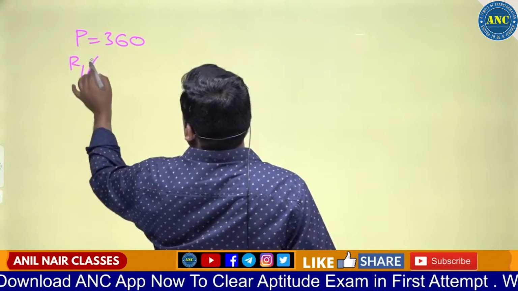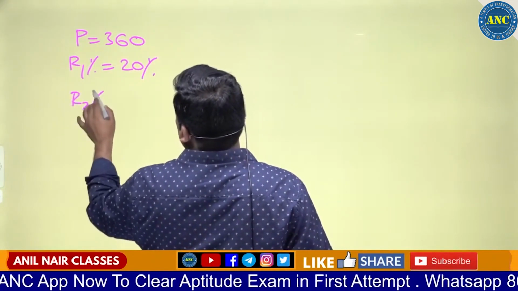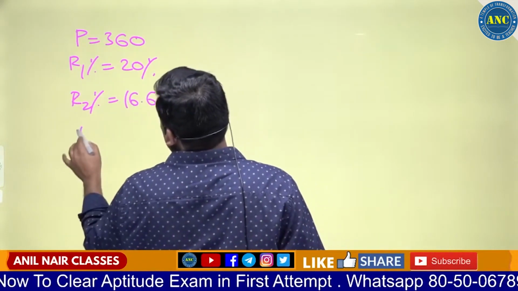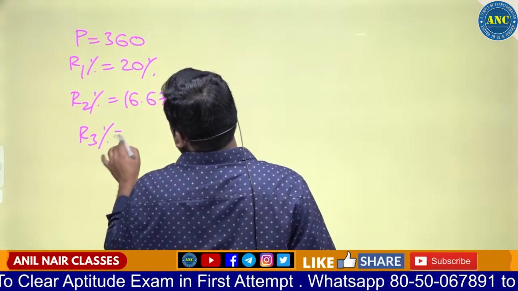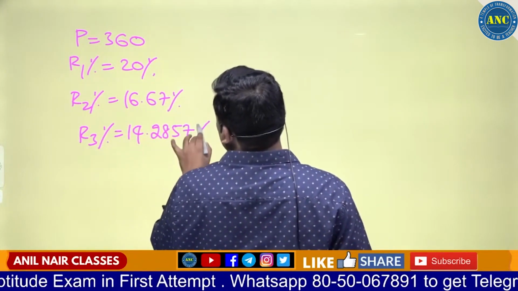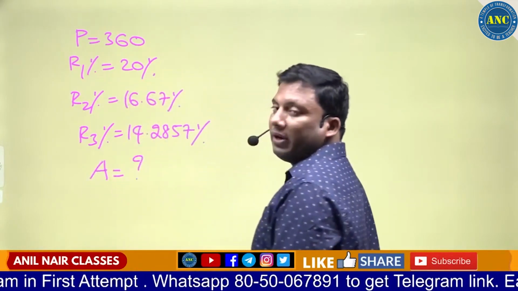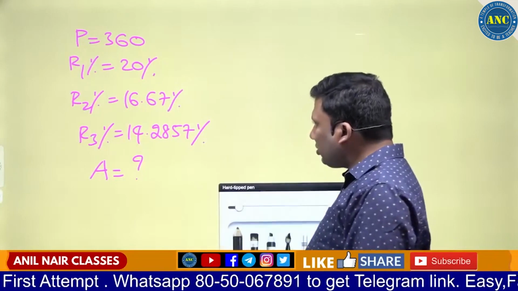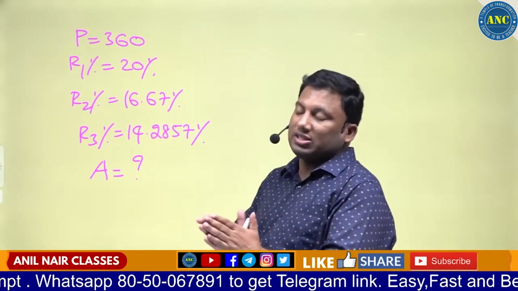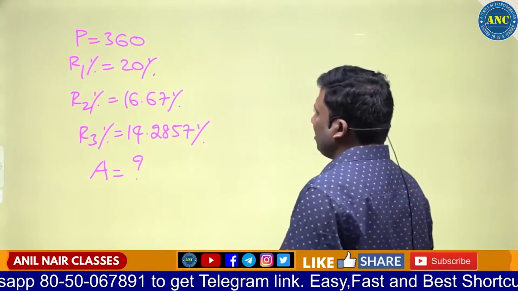R1 equivalent to 20%, R2 equivalent to 16.67%, R3 equivalent to 14.2857%. Find the amount. Slowly we will try to go beyond 2 years. P is 360, R1 is 20, R2 is 16.67, R3 is 14.2857.